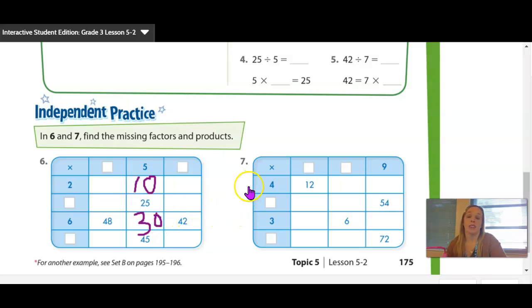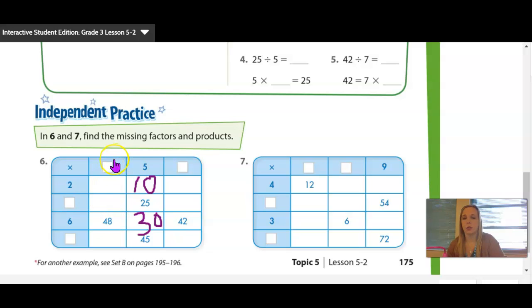I'm taking the numbers, boys and girls, that I already have and making it easiest for me first. Okay, so let's see what else I have. Here I have a 6 again. 6 times something equals 48. Notice your products are in the white. So I could do 6 times blank equals 48, or 48 divided by 6.